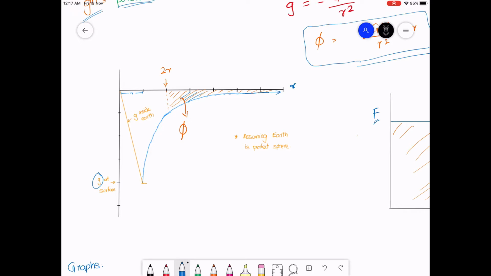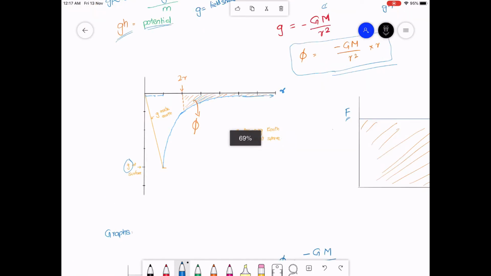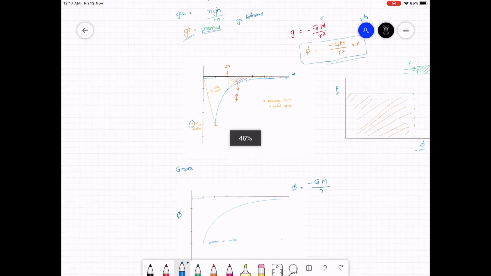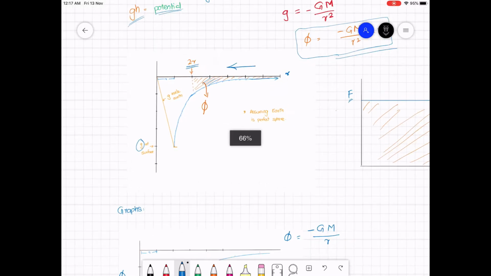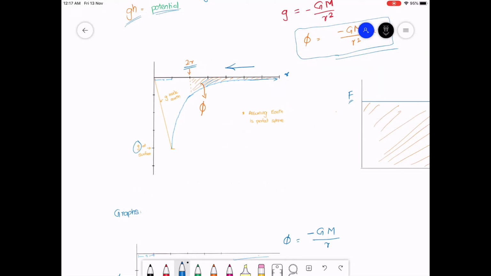And from the definition, you can see that it's the work done per unit mass to bring it from infinity till this point. And I just chose to bring it till point 2r.